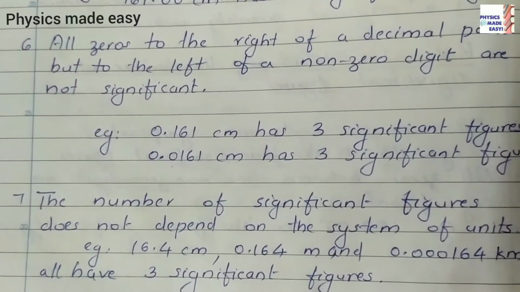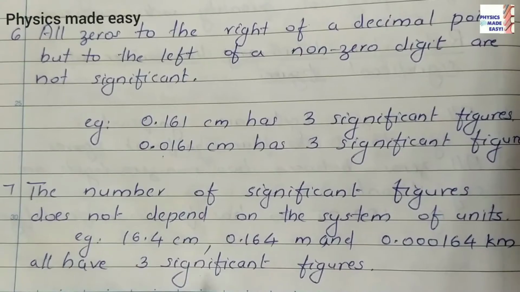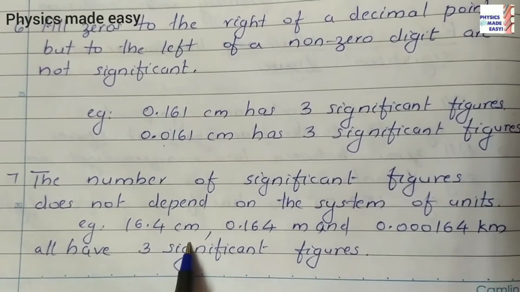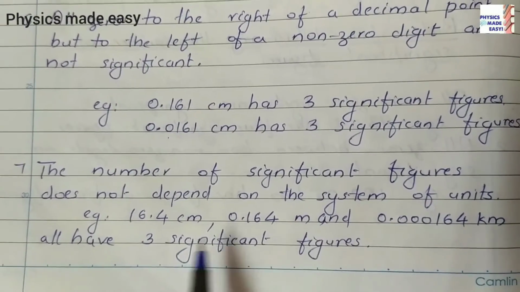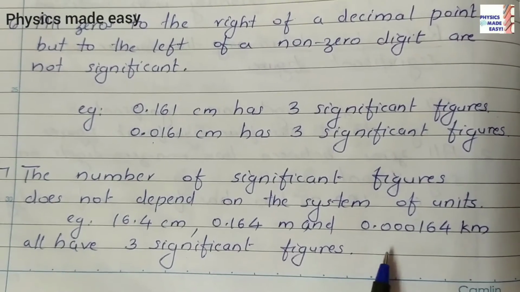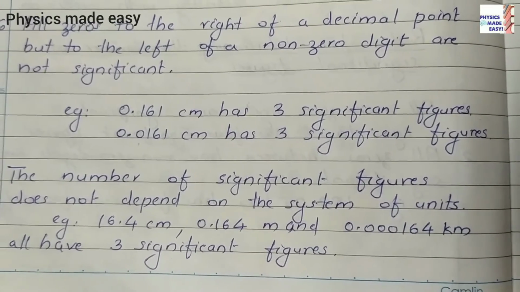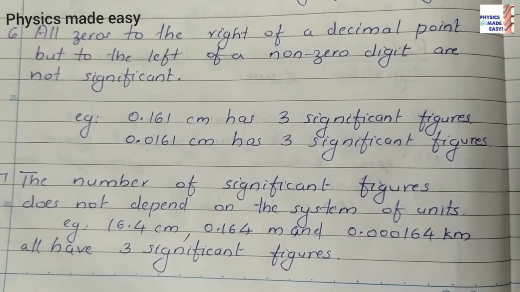The number of significant figures does not depend on the system of units. Example, 16.4 centimeter can convert into meter, then that will be 0.164 meters. In kilometers, 0.000164 kilometers. Whatever the unit, that doesn't matter.